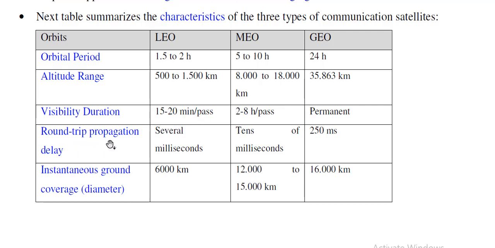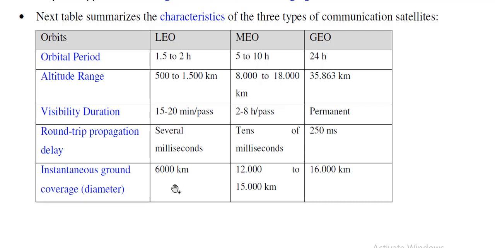Now for the round trip propagation delay, as we have seen, for the GEO, because it is the farthest, we might end up with 250 milliseconds. And of course for the MEO it is less, only tens of milliseconds. And for the LEO, since it is the closest to Earth, we have only several milliseconds. Now, what is the zone that a satellite might cover on Earth? A circle, a range of communication of satellites.